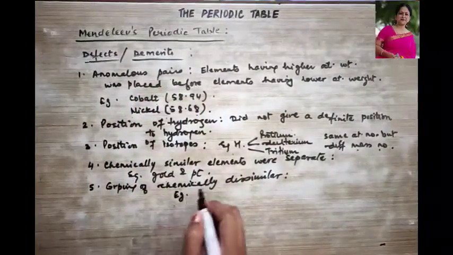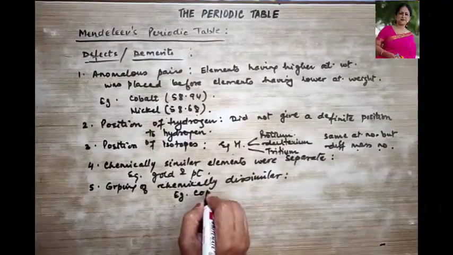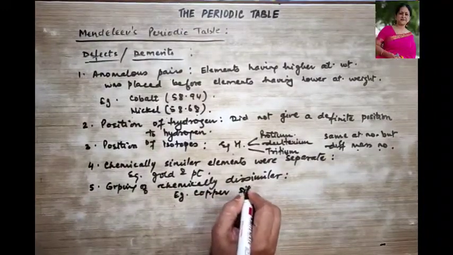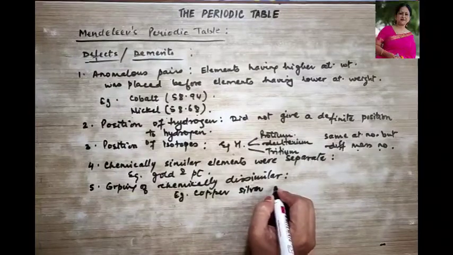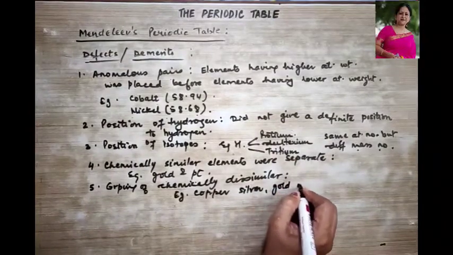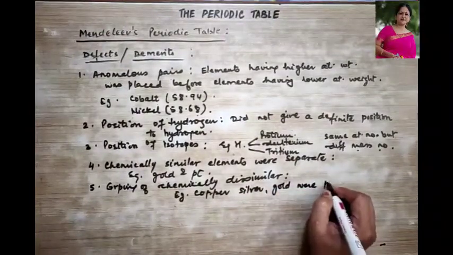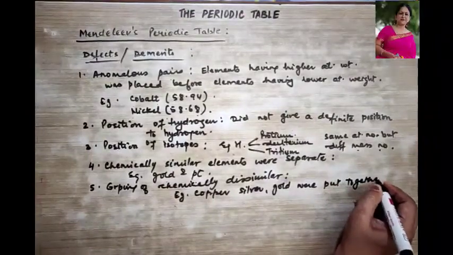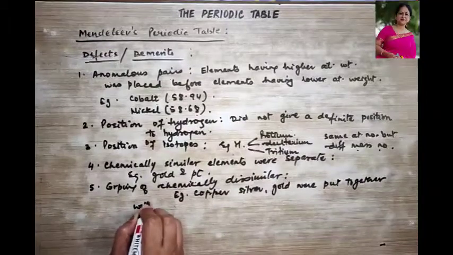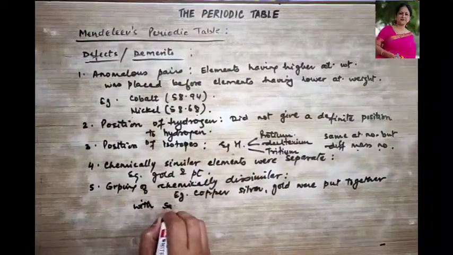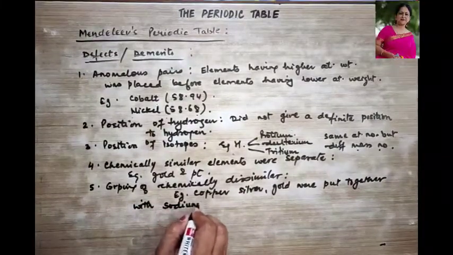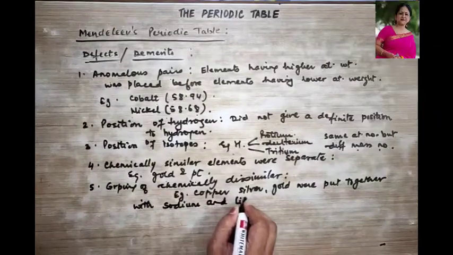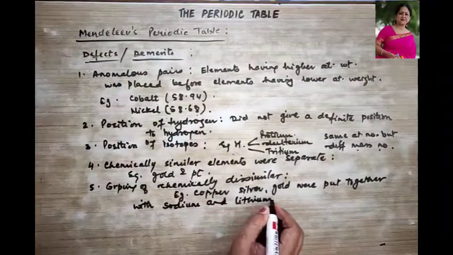So for example, let me write down over here, copper, silver, gold were put together with sodium and lithium. So this was wrong.